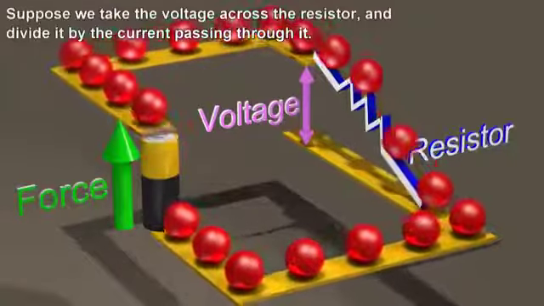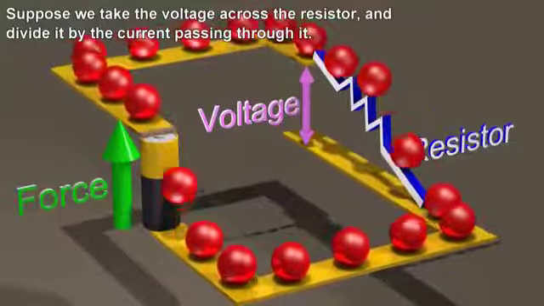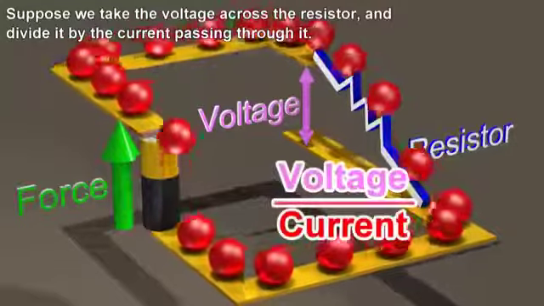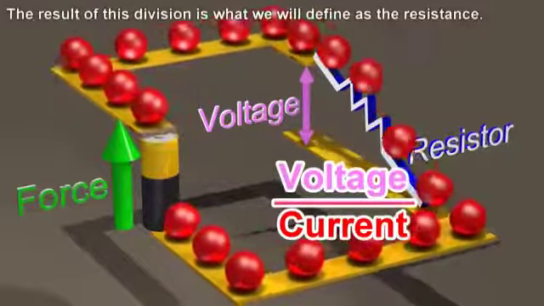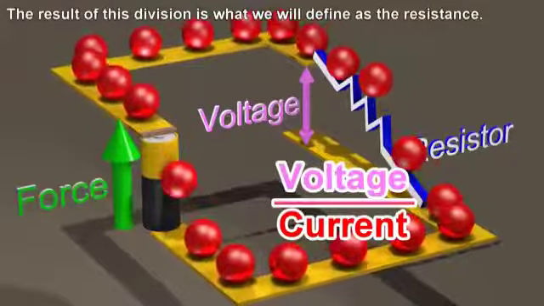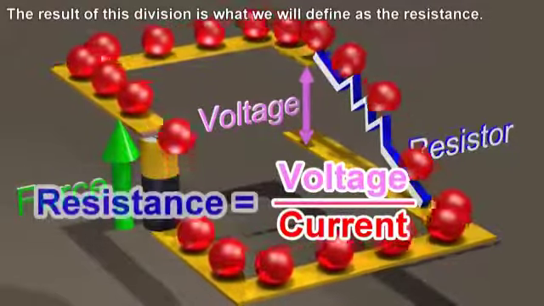Suppose we take the voltage across the resistor and divide it by the current passing through it. The result of this division is what we will define as the resistance.